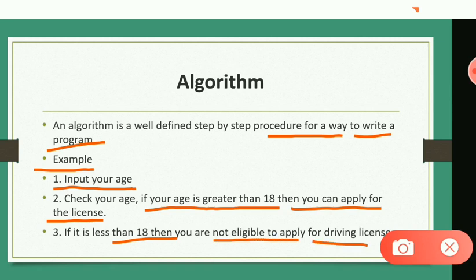That means you have to follow the algorithm step-by-step for applying for the driving license. I am just taking this example for your better understanding of the algorithm. An algorithm is just a step-by-step procedure to solve a problem in a better way.